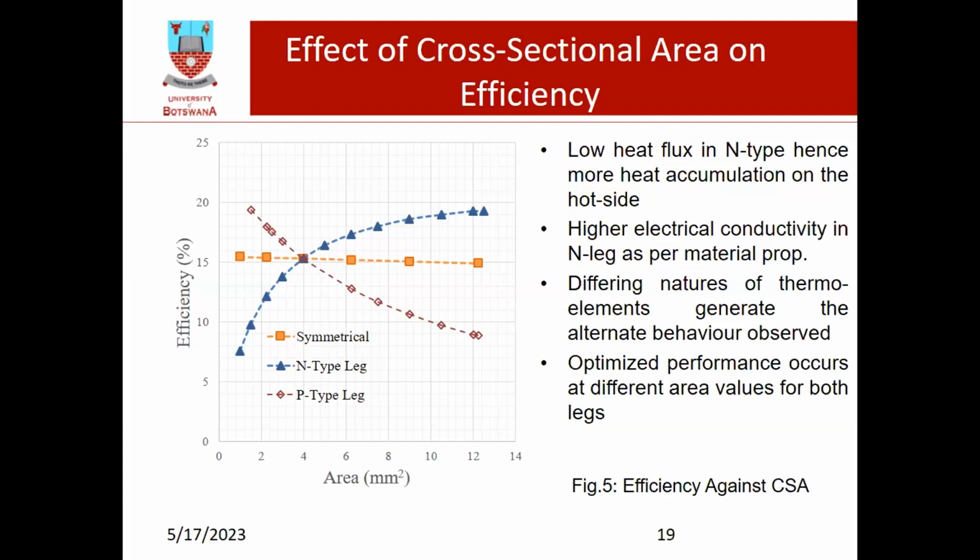So the higher performance generated by the P-type is in a way nullified by the performance of the N-type.